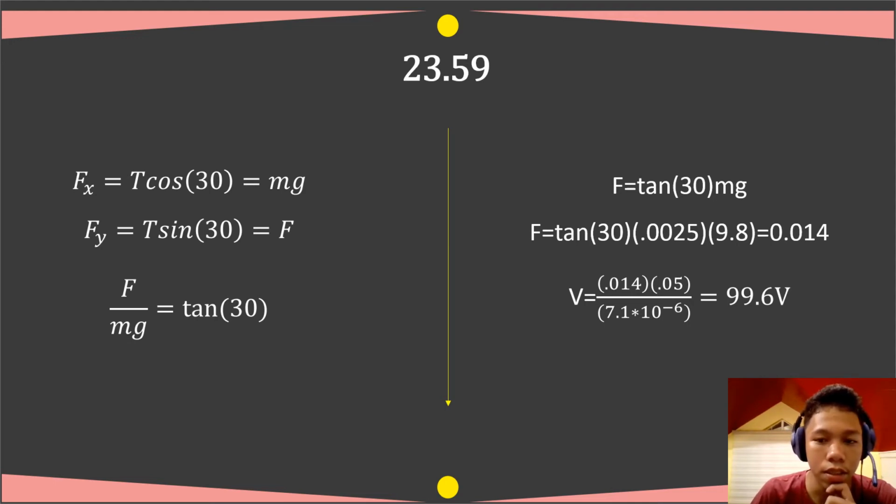Then with algebra, the force F is equal to tan 30 times mg. Then you substitute the given values in the formula, and you get 0.014. Then you substitute that value into the earlier formula, which we derived earlier, to get 99.6 volts.